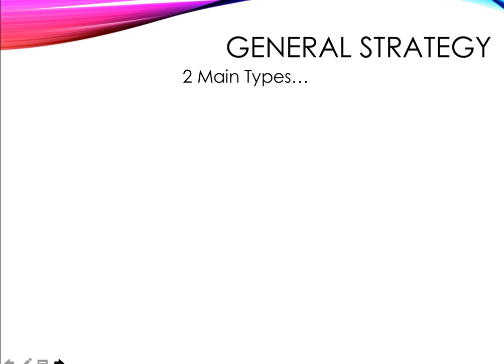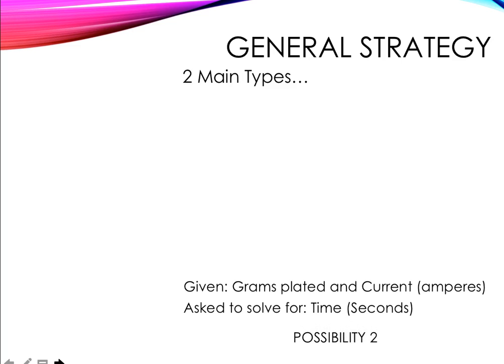The other kind of problem that you sometimes will encounter is where you're given the mass of how much stuff plated and the current in amperes, and you want to know how much time it had to run. Another twist on this might be that you know the grams and the time, and you want to know what current you needed. But the strategy would be quite similar.